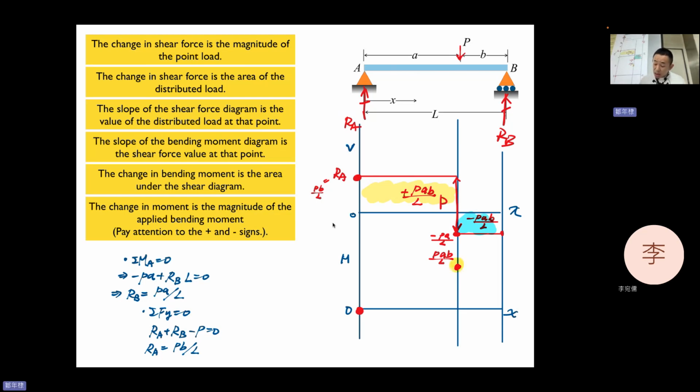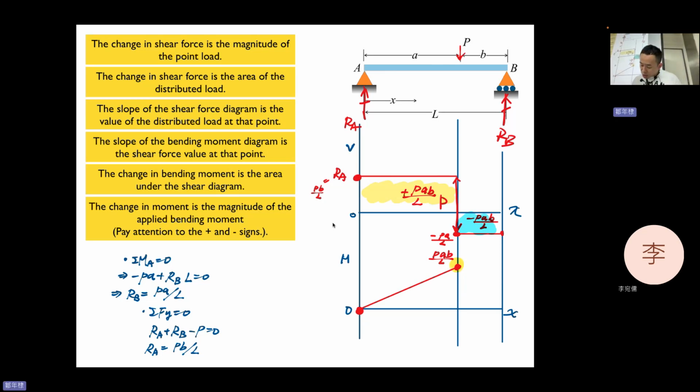And because the slope of the moment will be equal to the shear value, you can see the shear values are constant. So the slope of the moment is exactly the same, so it will be a straight line.